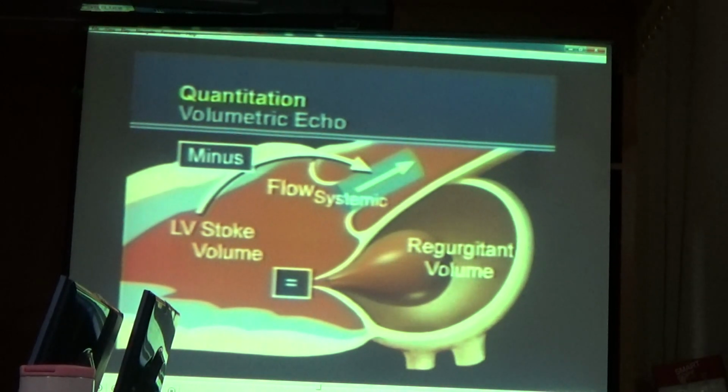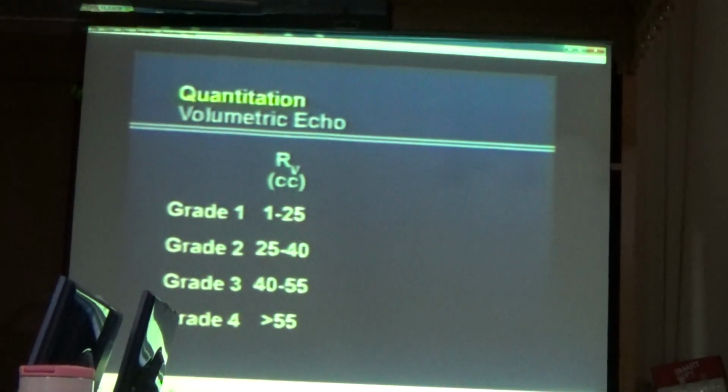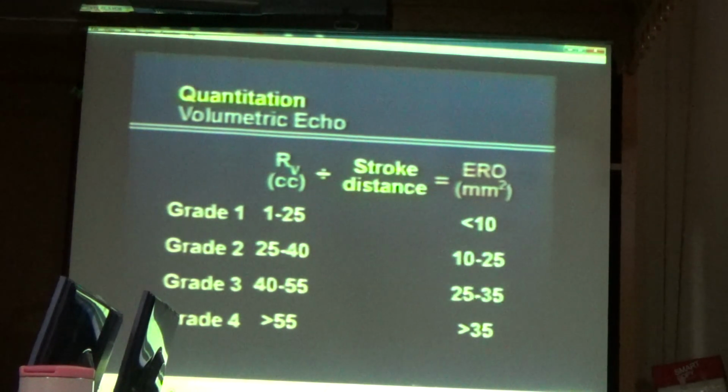So this technique is a volumetric technique with flow, and we have regurgitant volume again. Go back to that chart. There it is. 50 to 55 cc's is a large regurgitant volume. We divide that by stroke distance, which is the TVI of the mitral regurgitant jet, and we would get regurgitant orifice. Again, the same number.